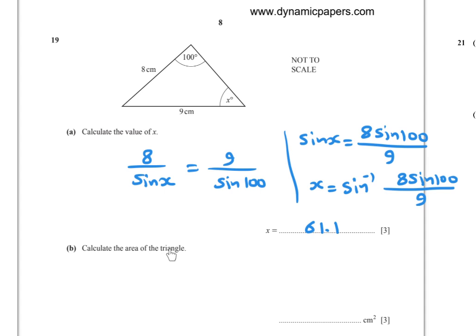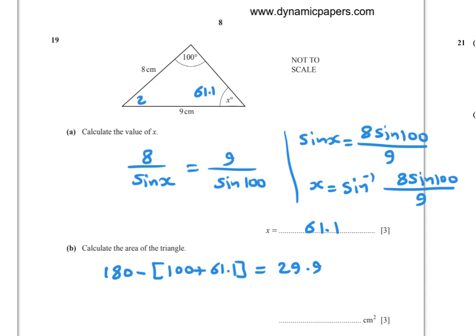B. Calculate the area of the triangle. To find the area of a triangle, we can use two sides and the included angle. So to find this angle, we have x equals 61.1. So the third angle equals 180 minus 100 plus 61.1 equals 29.9.